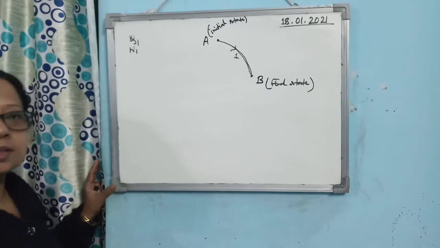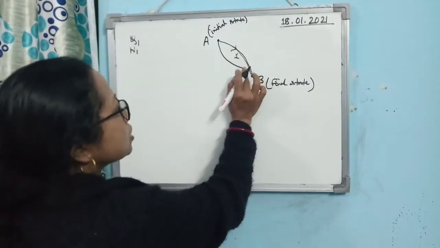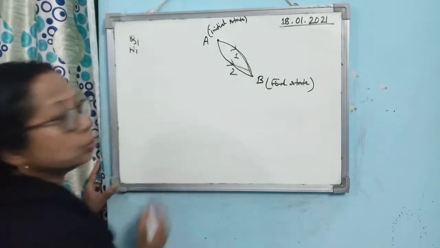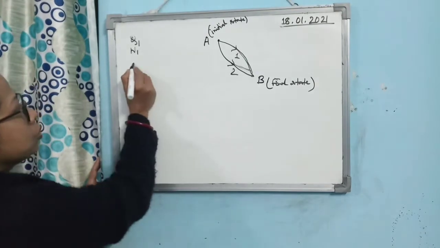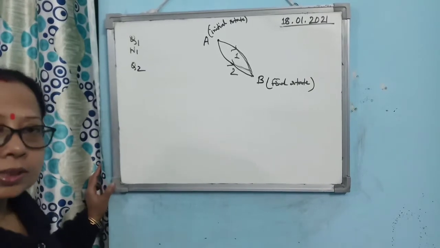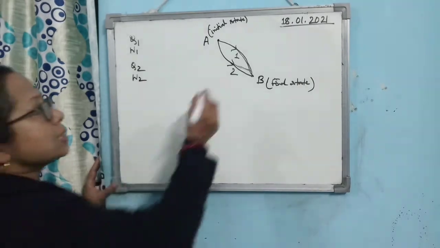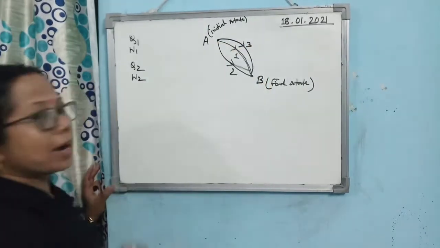Let us consider somebody else has taken it from A to B following path 2. Then Q2 is the amount of heat involved in this process, and W2 is the work done. Let us consider someone has taken it from A to B following path 3.